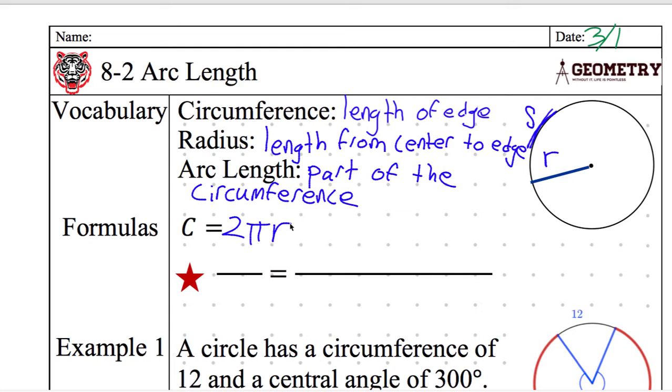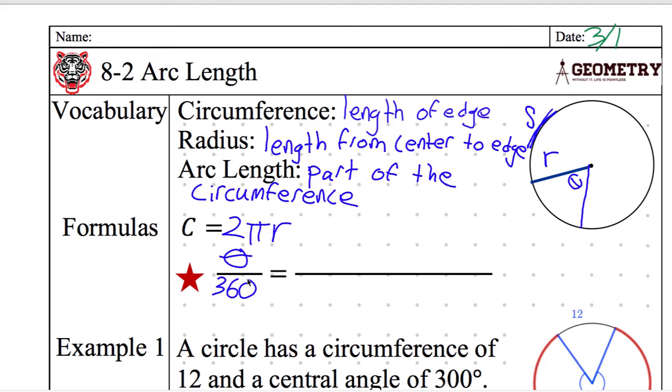All right, and then here is your new formula that you're going to be using all of today, and it's the way to figure out what the arc length is. So if I have some central angle, which I'll call theta, that's going to be divided by the total degrees in a circle. Everyone shout that out. The total degrees in a circle is 360.